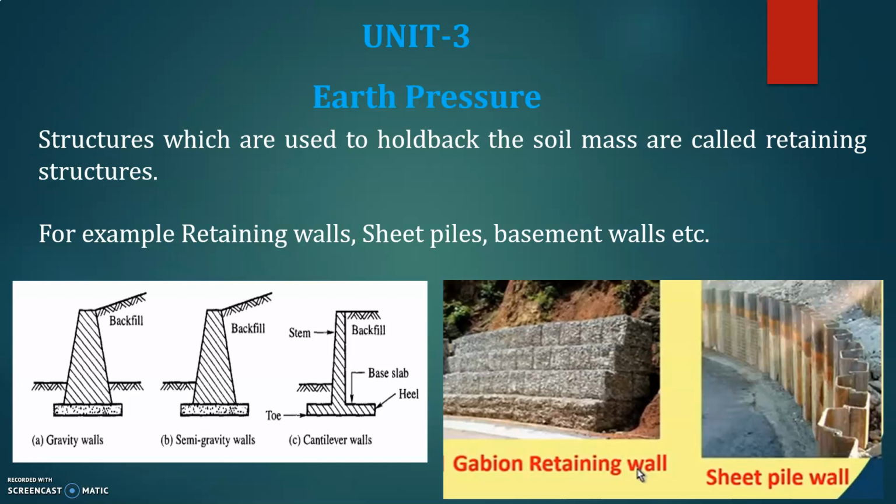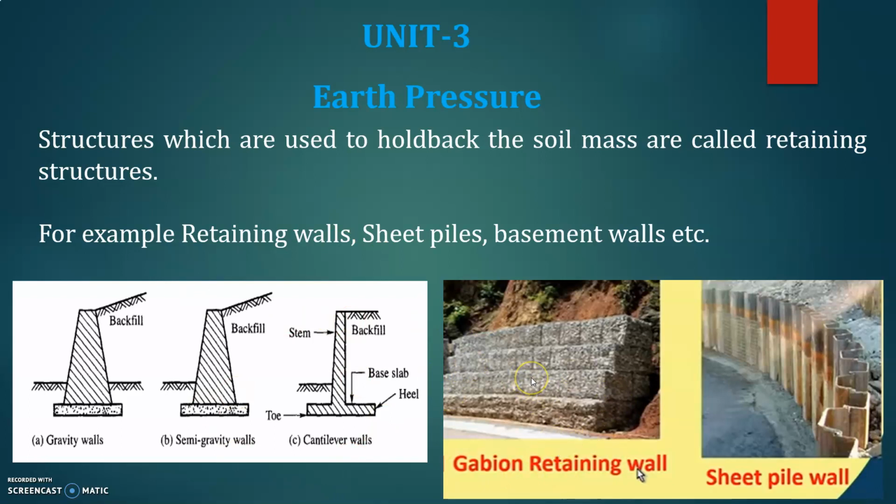These boxes are then connected, and if you put another one, it also has to be connected here. When they are used one after the other and stacked again and again, the entire mass becomes like a wall, and behind that wall soil can be retained. Okay, so that is about the Gabion retaining wall.